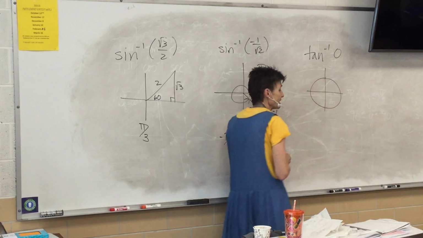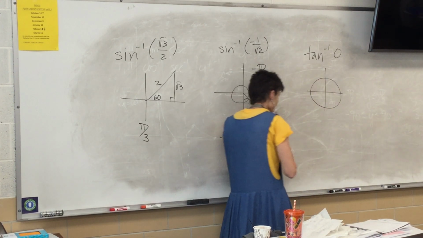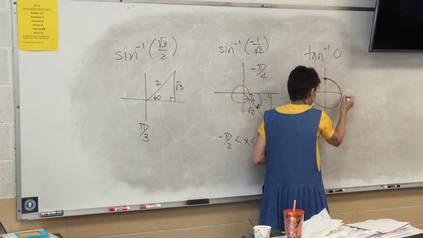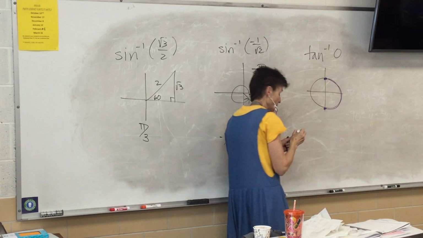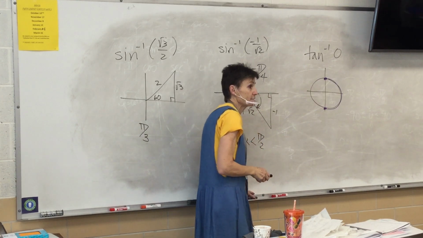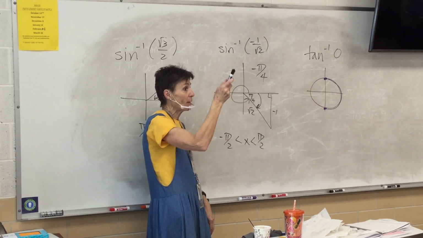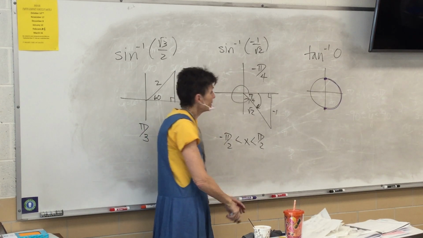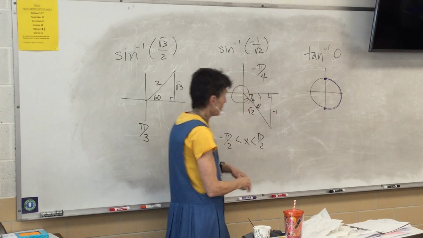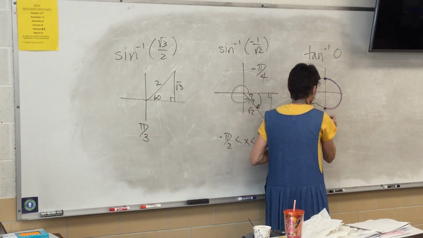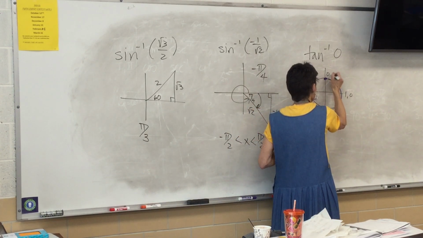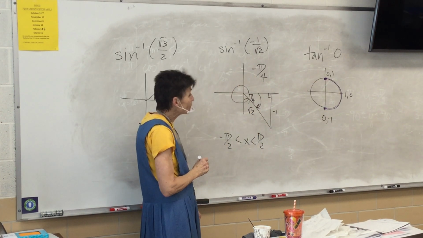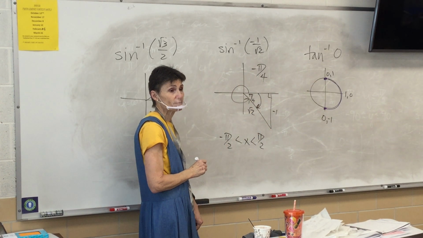And since it's a tangent, I am only allowed to look at this part of the circle, because it's -pi/2 to +pi/2, right? Now, somewhere, either here, here, or here, the tangent is going to be 0. Which of those angles has a tangent of 0?